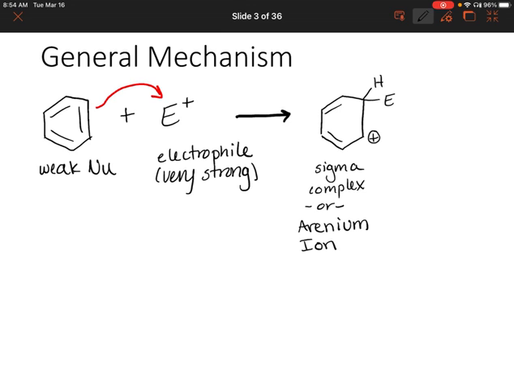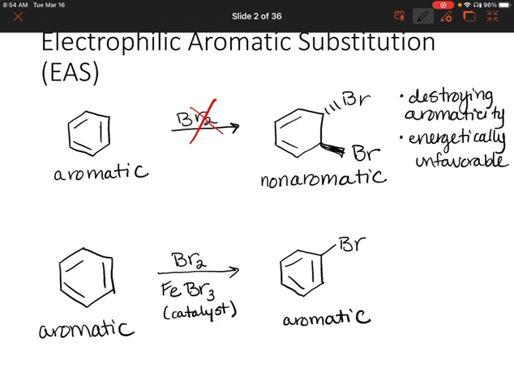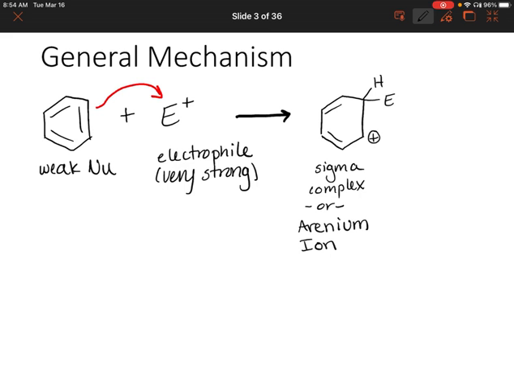Now, remember, in our reaction, we ended up forming an aromatic product. So, in our mechanism here, we have to show how we're going to reform that aromatic compound.